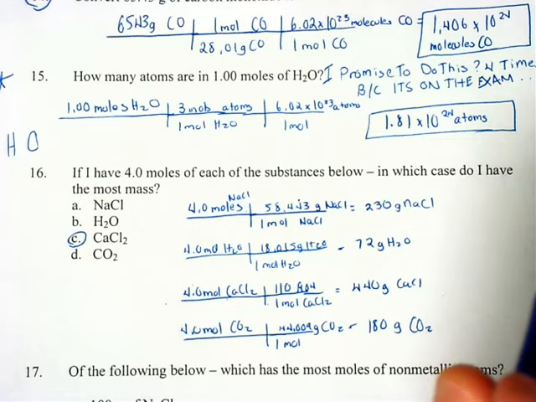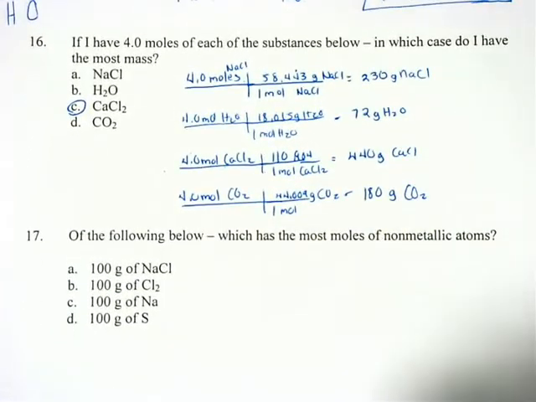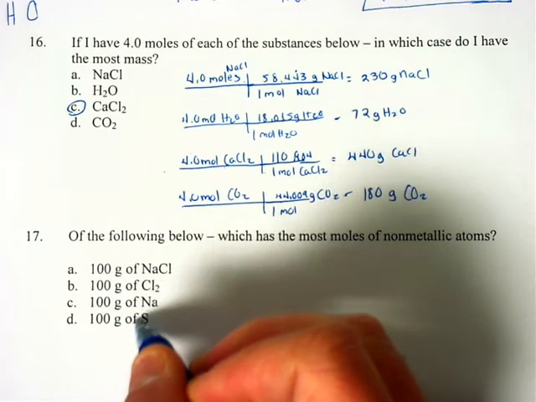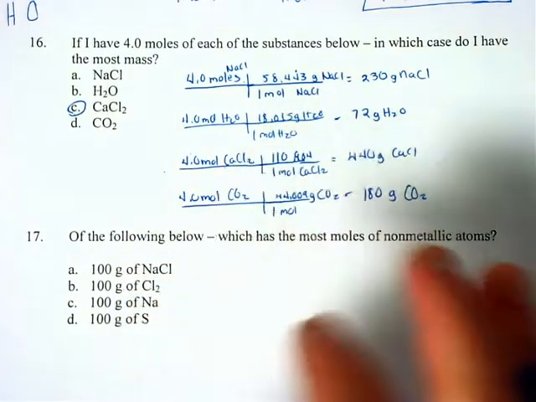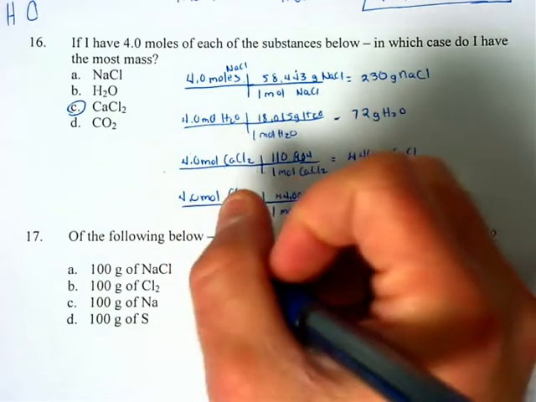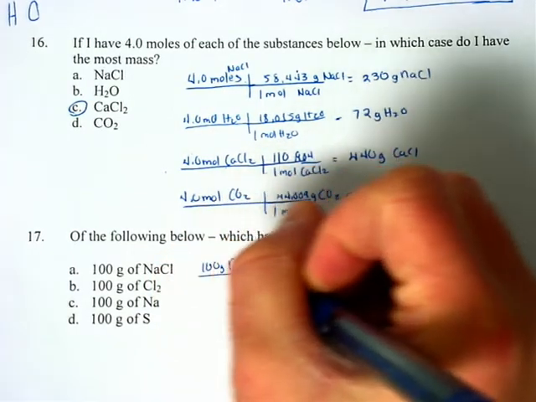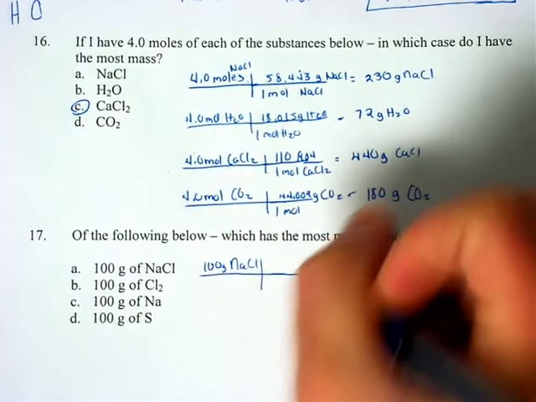Kind of, yeah. Let's look at 17 real quick. You can recognize that in a problem like that, you just got to figure out the most moles of non-metallic atoms. So, I have 100 grams of NaCl. What do I have to do first to get that into moles?